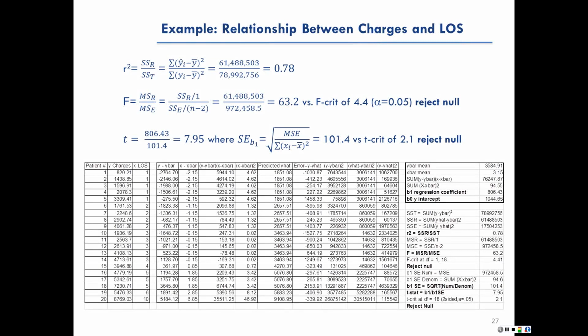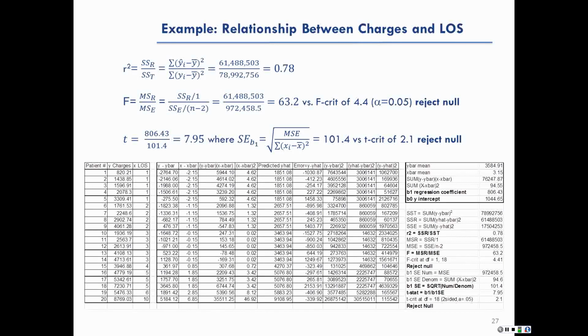This total sum of squares is 78,992,756. Regression sum of squares is a little over 61 million. So we're getting an r squared of 0.78, which means the regression is a pretty good fit. 78% of the variation in our dependent variable y is explained by our regression.